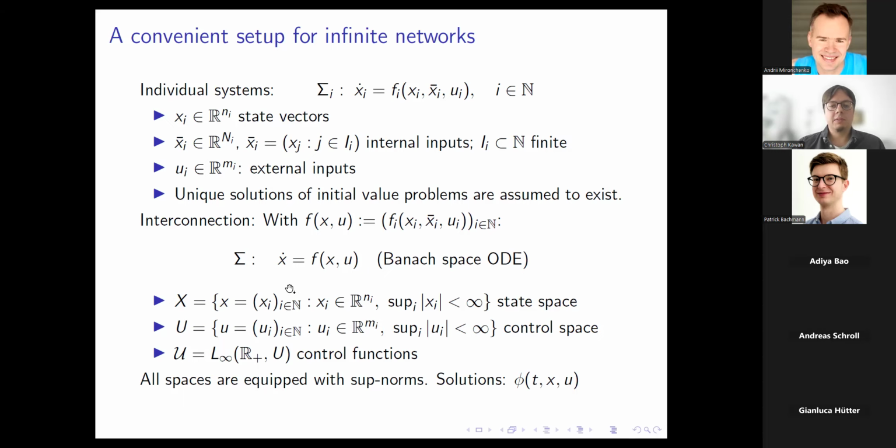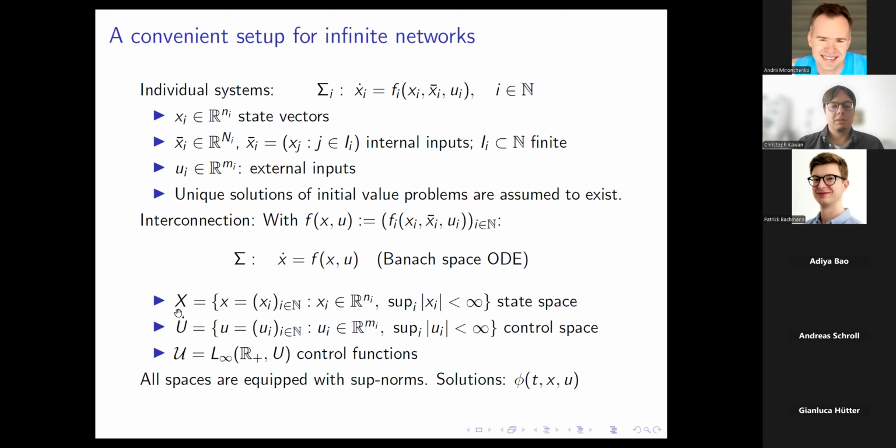We want to do this in such a way that we can write, at least formally, the overall system as a well-defined ODE in some Banach space. So we need to define this space and some other spaces too to make sense of this ODE.